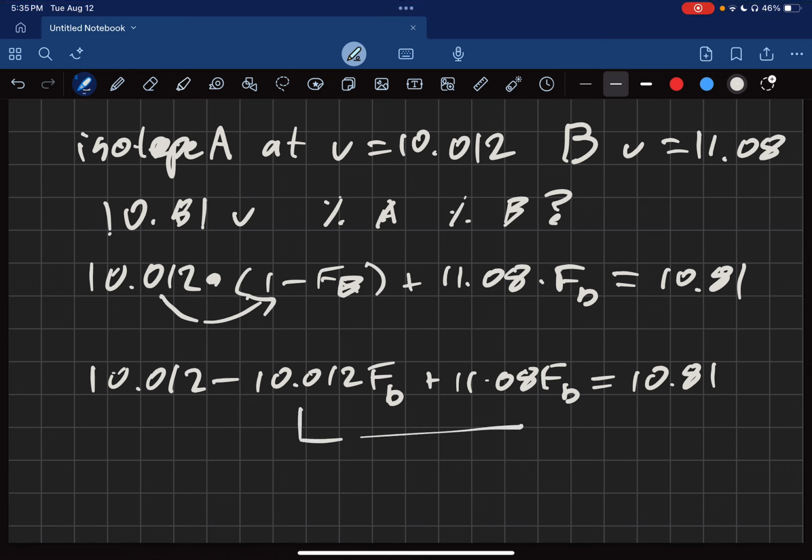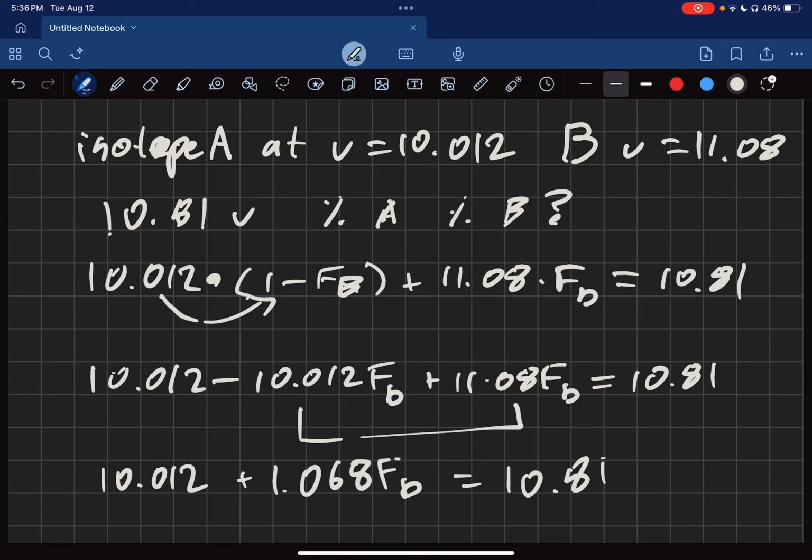And let's combine these two terms. So negative 10.012 plus 11.08, what's that? 11.08 minus 10.012 equals 1.068 FB. So 10.012 plus 1.068 FB equals 10.81.